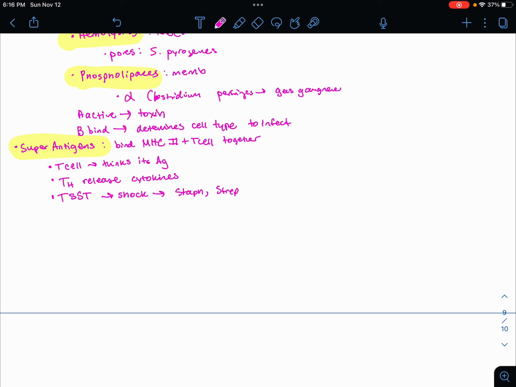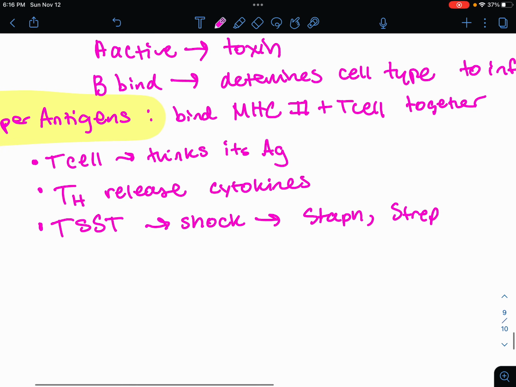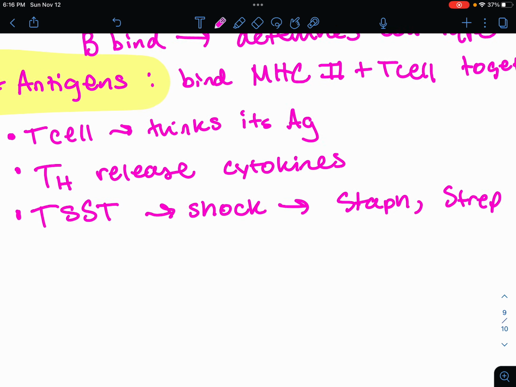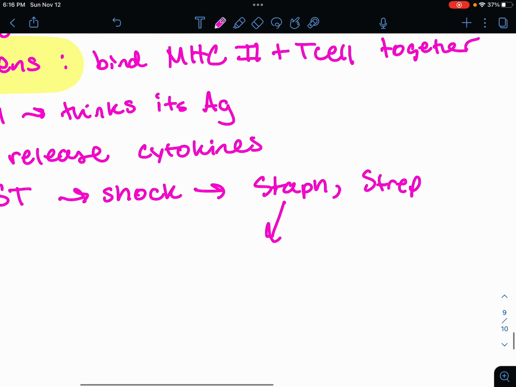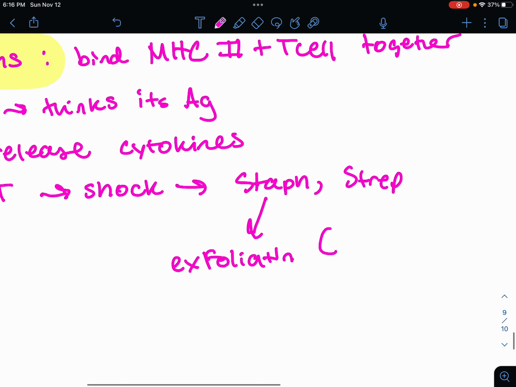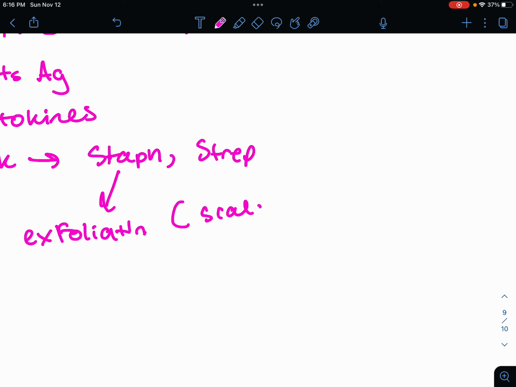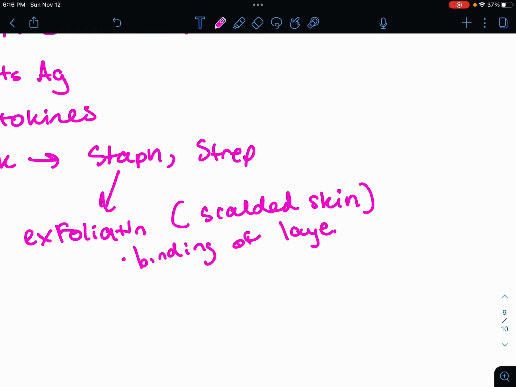Other exotoxins include exfoliatin from Staphylococcus aureus. So here we have something called exfoliatin, and this is going to cause scalded skin. It's going to destroy the binding of the layers of the skin.